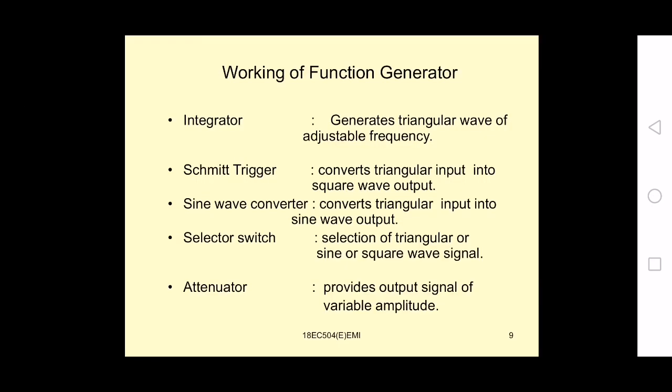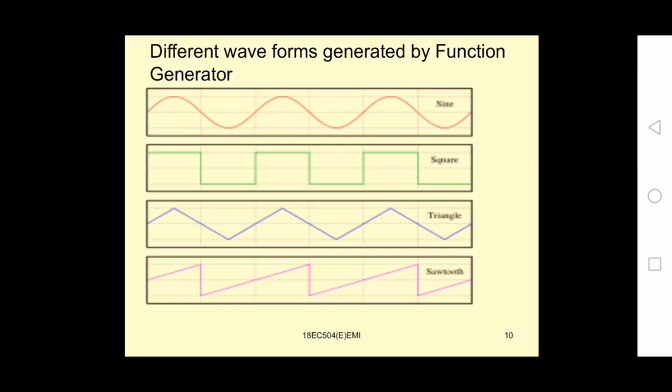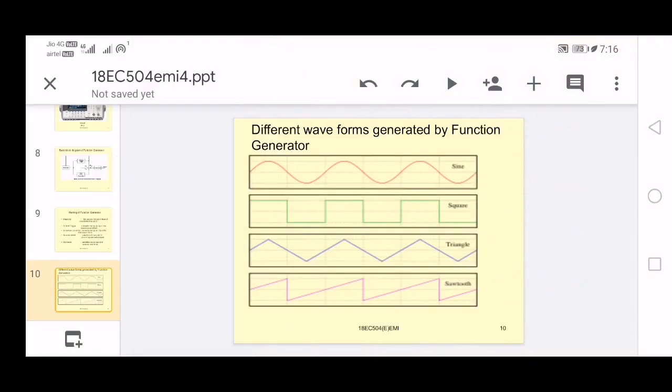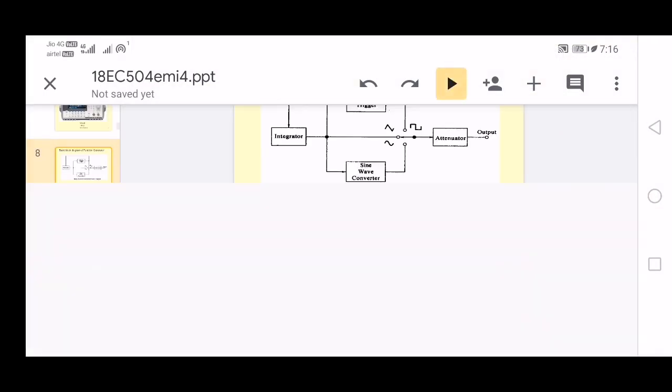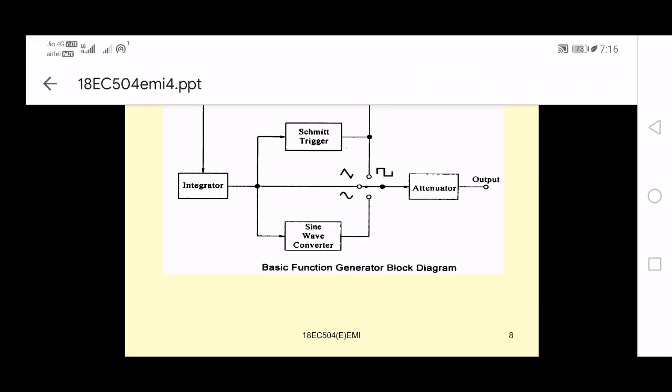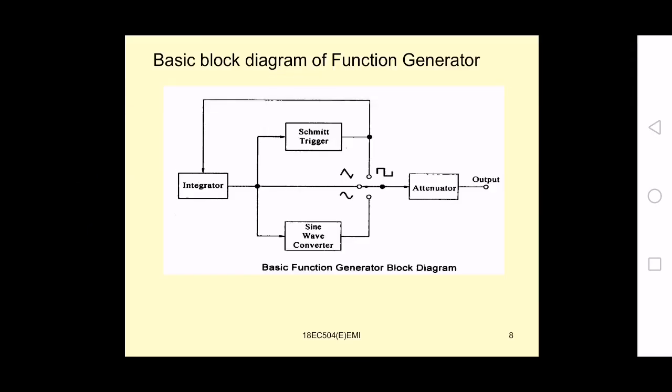So the integrator output is connected to the Schmitt trigger as well as the sine wave converter.